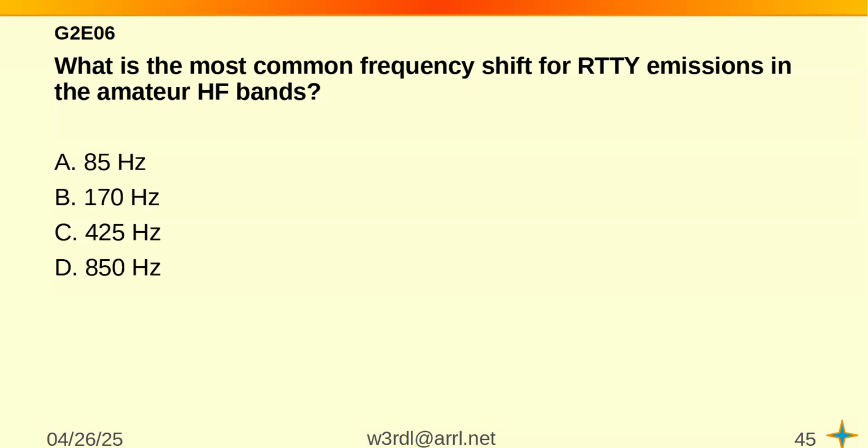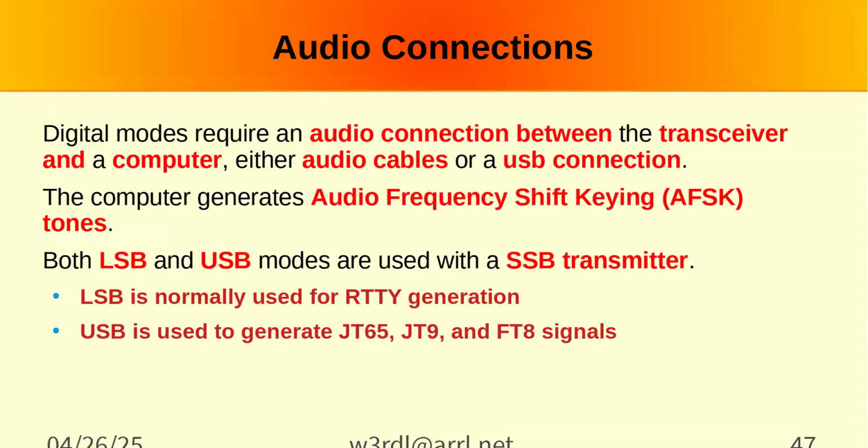What's the most common frequency shift for RTTY emissions in the amateur HF bands? You need an audio connection between the transceiver and a computer for most, well, essentially all of the digital modes.